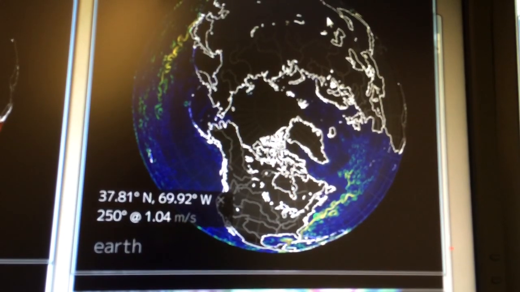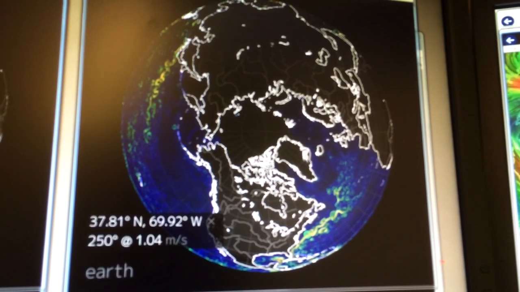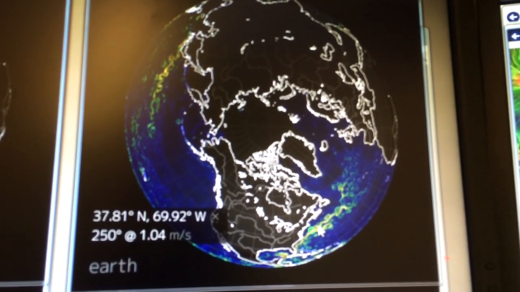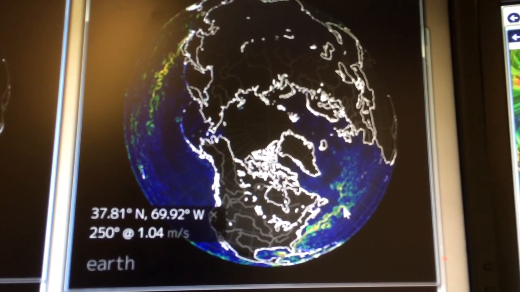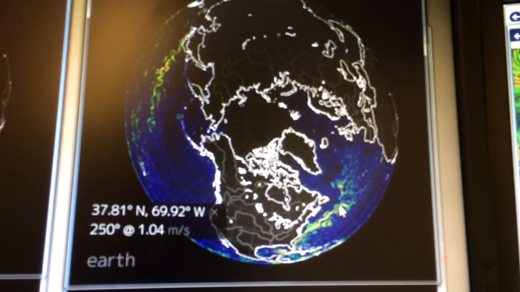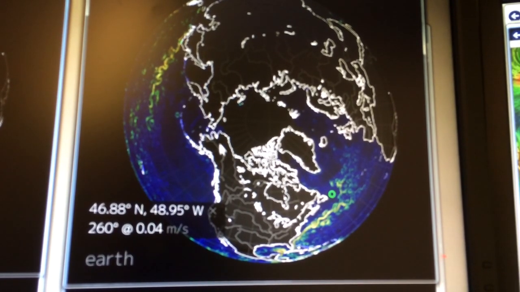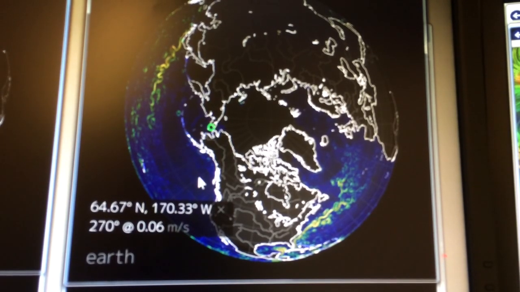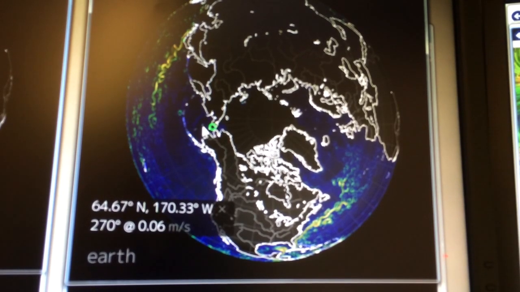And then up here, this is showing the ocean currents surrounding the Arctic basin. This is the Gulf Stream, about 1 meter per second motion. You can see what happens. I don't know why it's not moving. There we go. So very little motion. You can click here, for example, and it shows that the motion is slow, but it's 270 degrees.